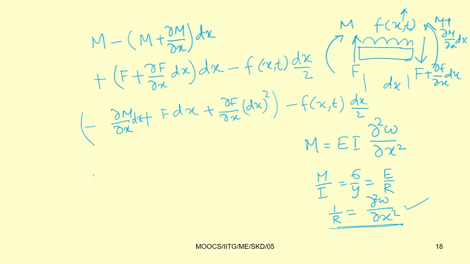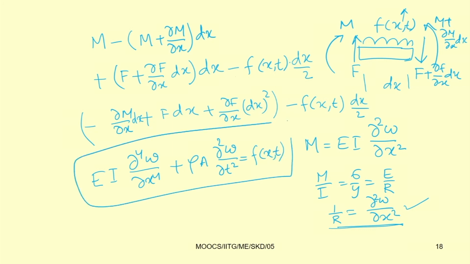So, you can derive the equation of motion of the Euler-Bernoulli beam, which is nothing but E I del fourth w by del x fourth plus rho A del square w by del t square, and this will be equal to f(x,t). Or in case of no external load, or free vibration, the right hand side will be equal to 0.